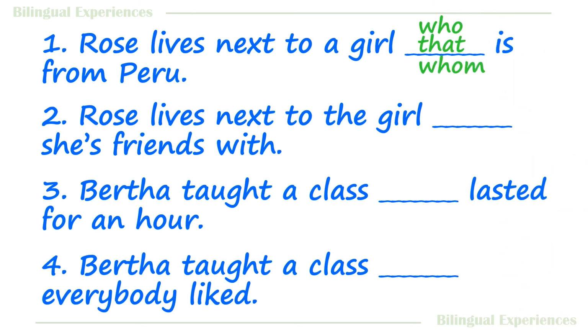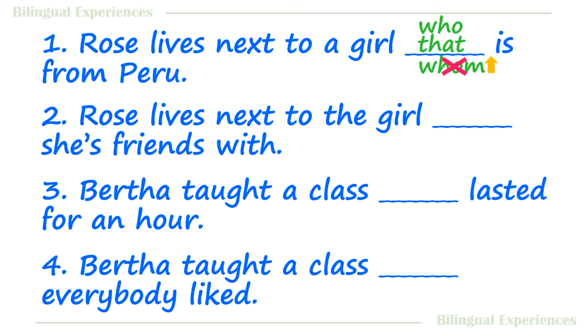Do you think it's possible to use whom? Actually, it's not possible because if we remember the rule said that we can only use whom if there is a subject pronoun after the relative pronoun. But look here, there is no subject pronoun. That's why it's not possible to use whom, only who or that.